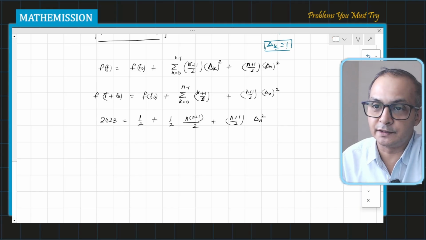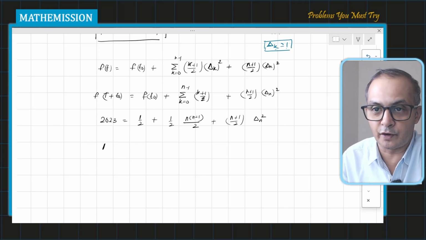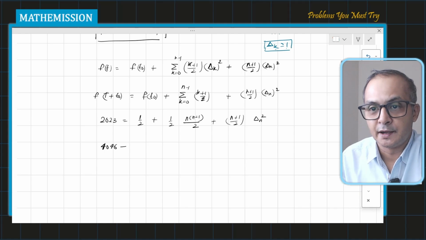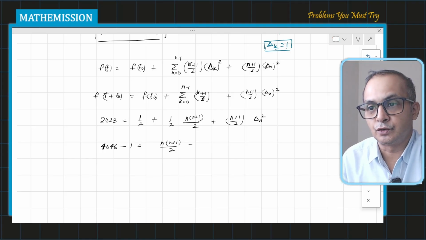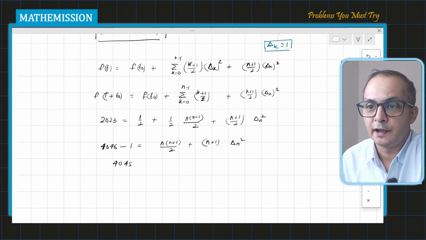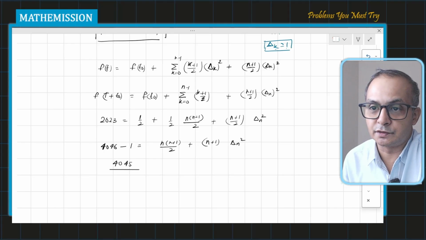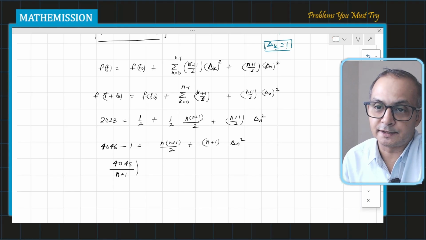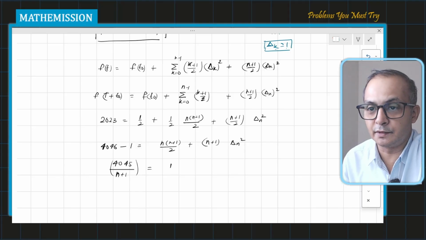I will just multiply by 2, so it will become 46 minus what we get here, 1, and that is going to be n into n plus 1 by 2 plus n plus 1, because I have already divided by this, and this is going to be 45, and I'm dividing by n plus 1 also, so n plus 1, and this side I'm getting 1 minus n by 2 plus delta n square.